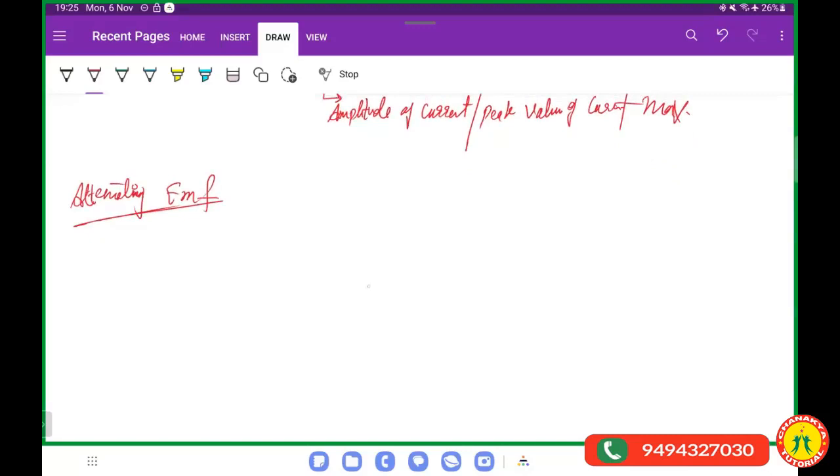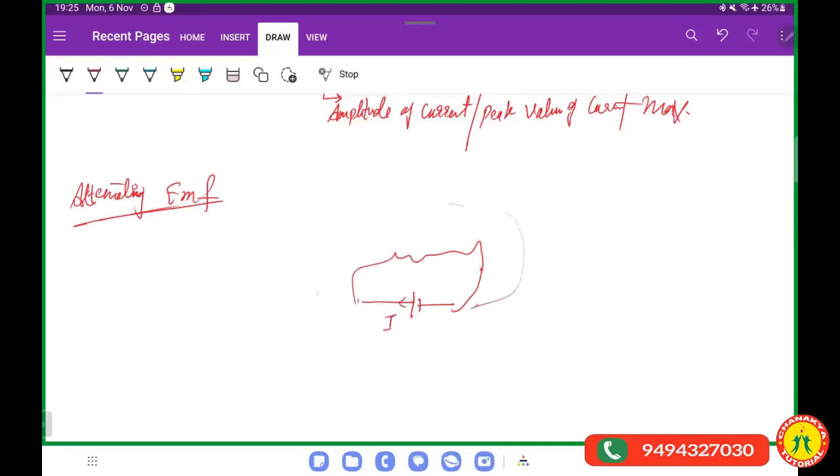Let's see here. If this is the battery and this is some other things, whatever is required, we are connecting. So we are saying current flows from here and ends here.